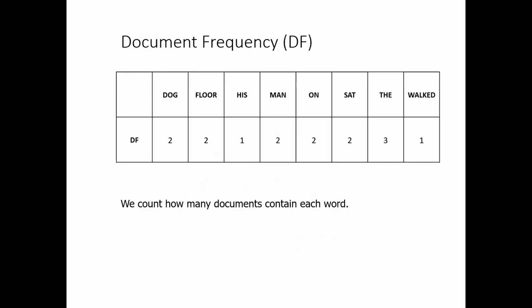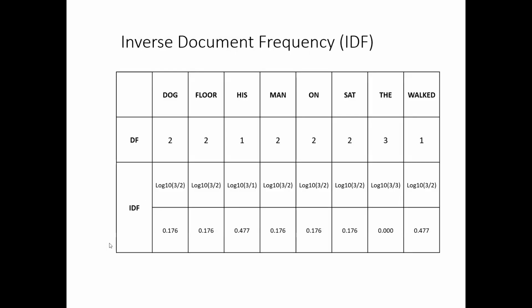So we come here and let's take log of the number of documents, in our case 3, divided by the token's document frequency. So here the document frequency is 2, so I'm taking log to the base 10 of 3 divided by 2. So for example, there's the word the here. So what happens? Log 10 of 3 divided by 3. Notice that here it will become 0.